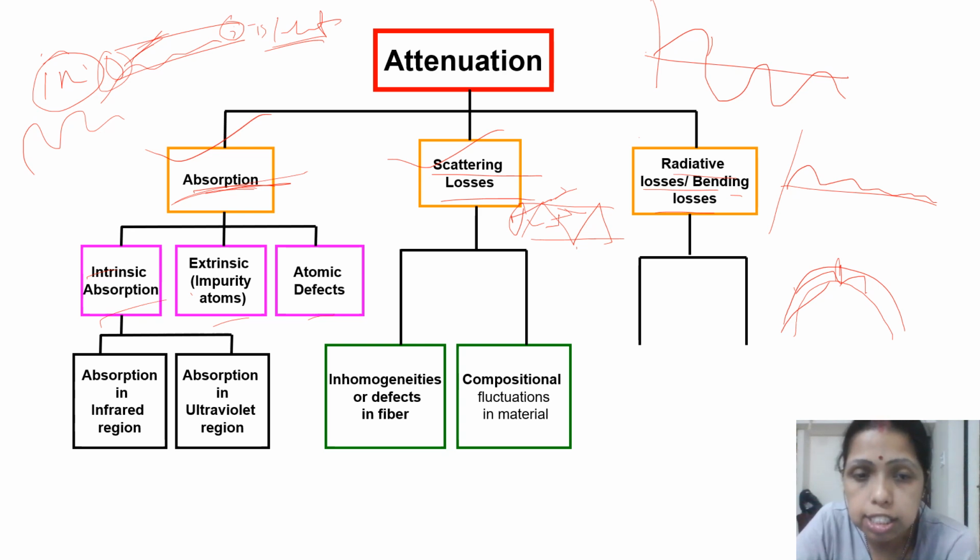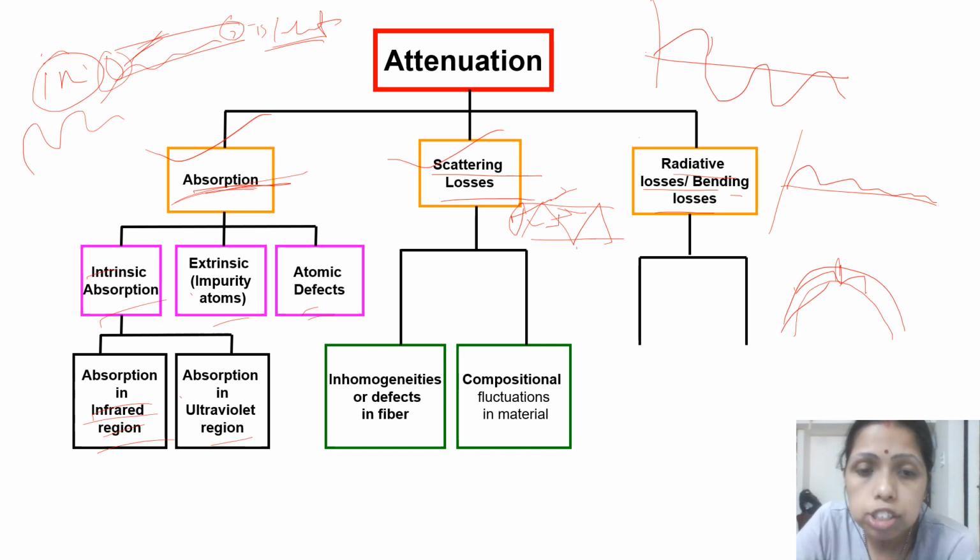And atomic defects means that when some materials are used for optical fiber, in those materials some atomic defects are there. Intrinsic absorption is again further divided, as absorption may happen in two regions, the infrared region and another, due to some physics. This I will discuss also.